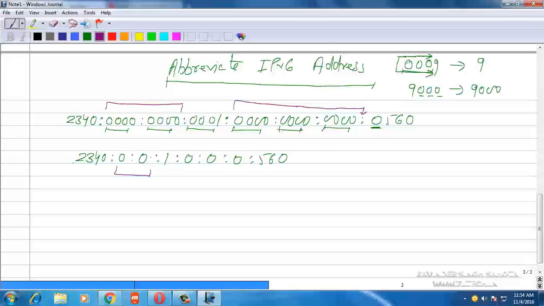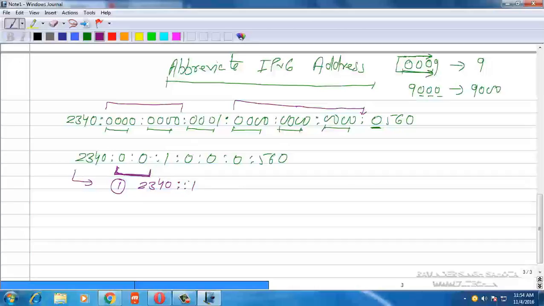So this IPv6 address can now be abbreviated in one of these two forms. First, if we replace these two contiguous quartets of all zeros with a double colon, this address will become 2340 double colon, right? These two quartets were replaced with a double colon.